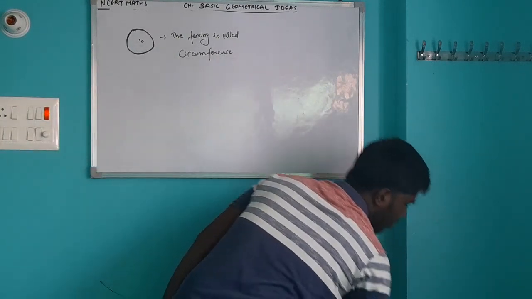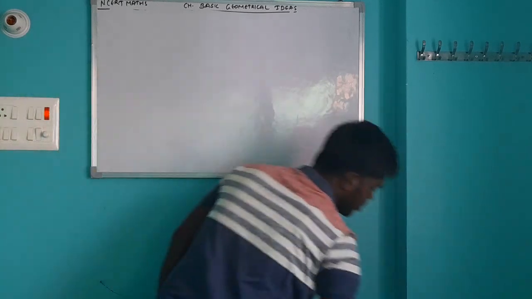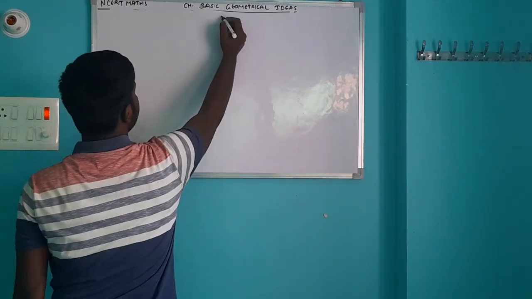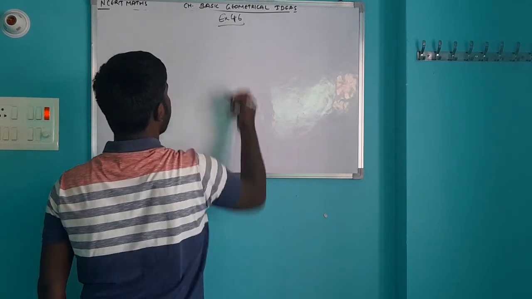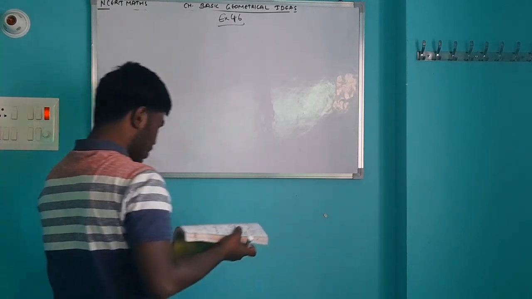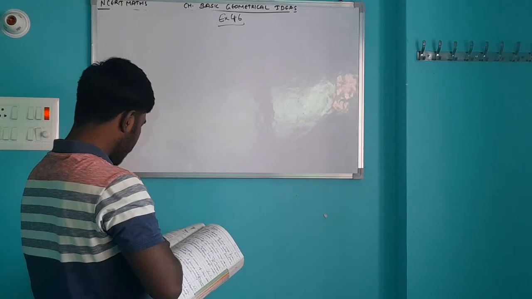So this is our 9th point, which is circumference. Now let's start our last exercise, exercise 4.6, which is the last exercise of this chapter also. In the first part we have, from the figure, identify.